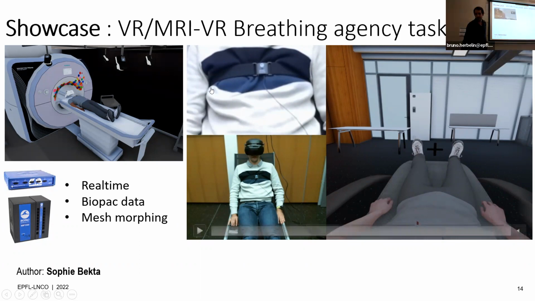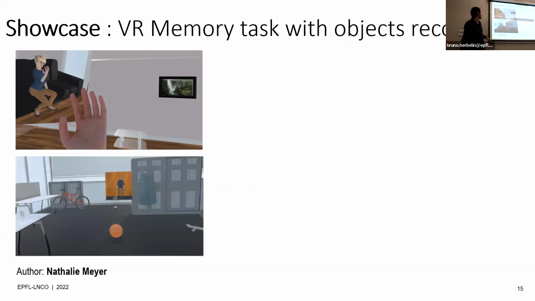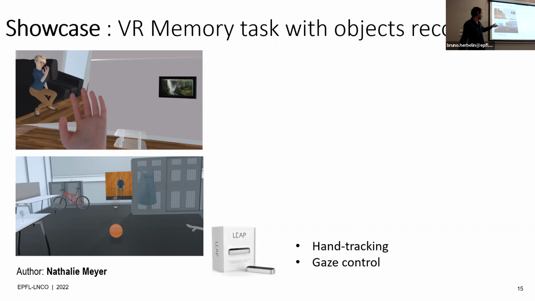Now we have this VR memory task with object recognition from Natalie Meyer. This one was using hand tracking and gaze. We were using the gaze to increase the size of the objects we have to recognize. It's a first-person task, and we are using the Leap Motion for the hand tracking of the avatar.